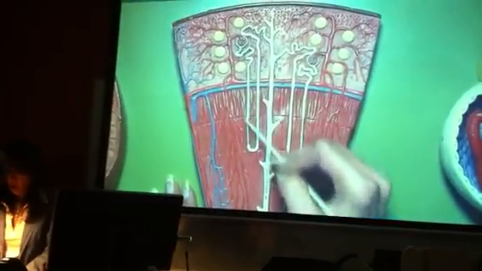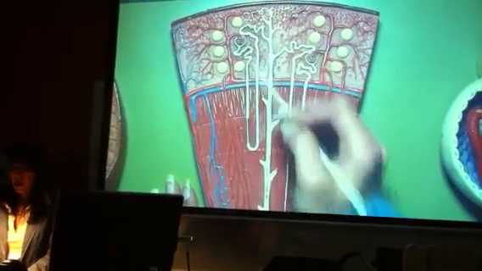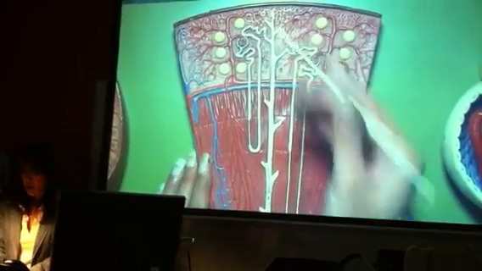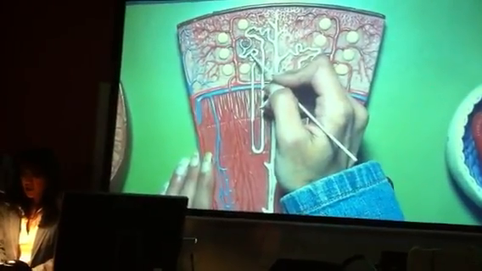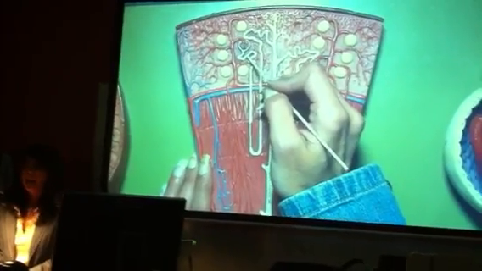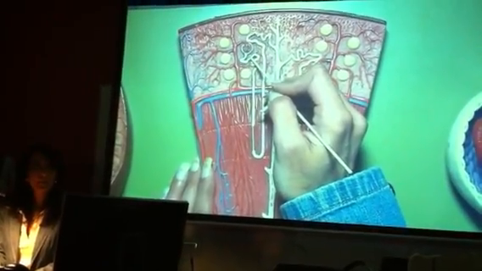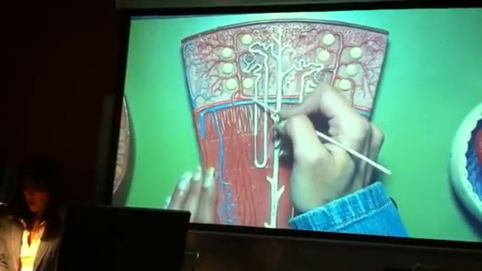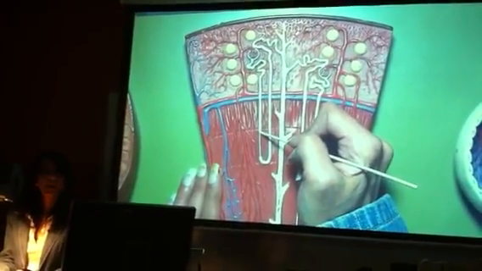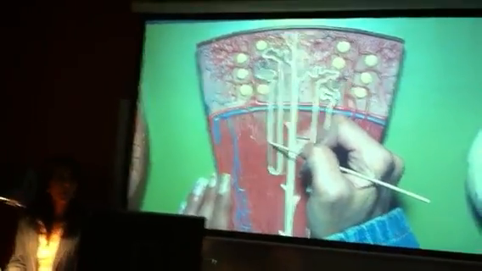Now, this whole entire thing is one nephron, but there are segments to the nephron. The segment that's connected to the renal corpuscle is known as the PCT, right? This is followed by the descending limb of the loop of Henle, and you have to say the descending limb of the loop of Henle.